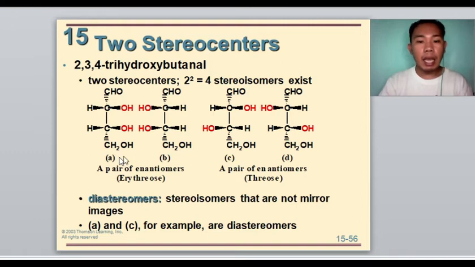Between A and D? Between B and C? And between B and D? The answer is that they are diastereomers, which are stereoisomers that are not mirror images.